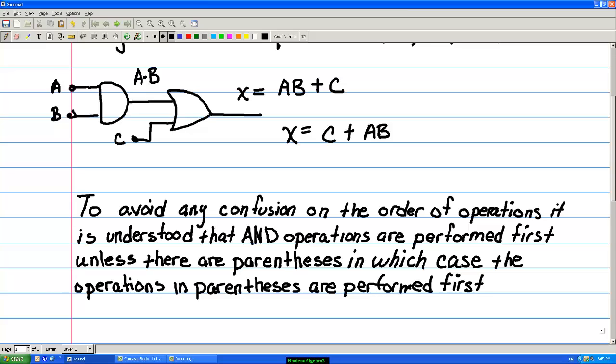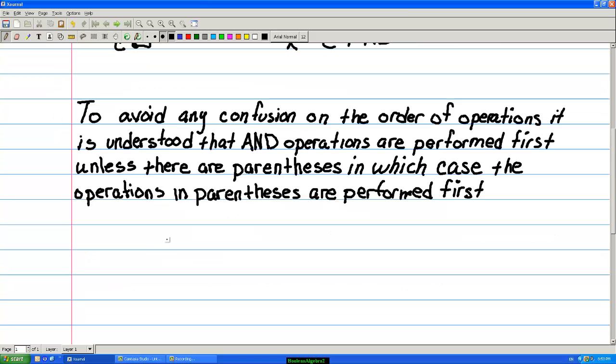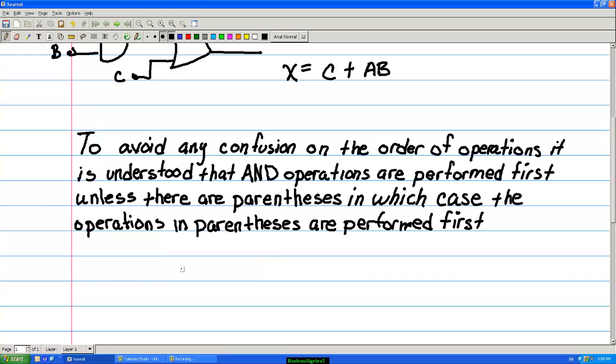Now, to avoid any confusion on the order of operations, it is understood that AND operations are performed first, unless there are parentheses, in which case the operations in parentheses are performed first. So if we took the above equation, X is equal to C or together with A and B, and then we put parentheses around this, that would be a completely different circuit.